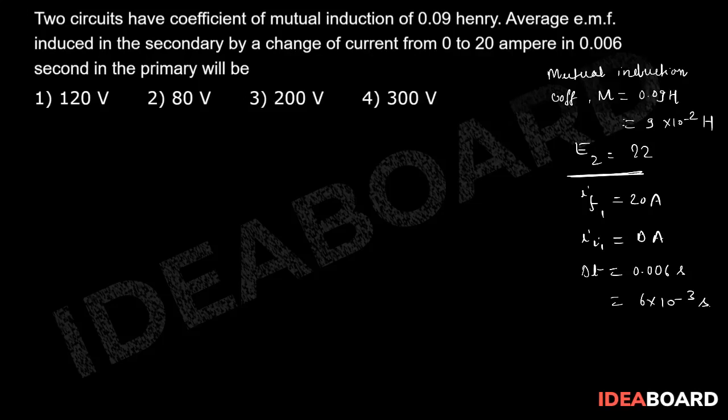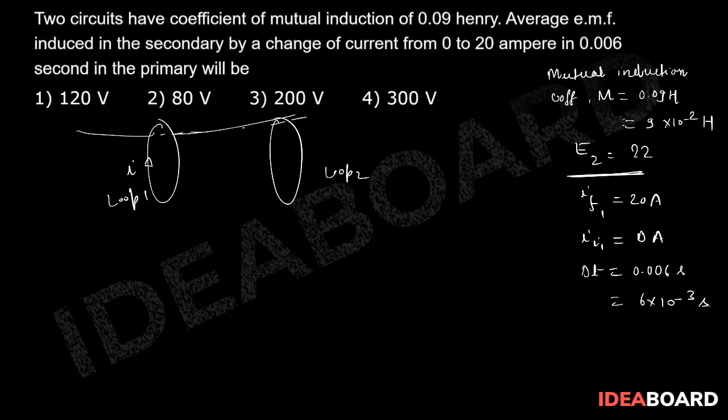So we can see the situation is like this. Suppose there are two loops, and we are changing the value of current in the primary loop. Let's say this is loop 1, this is loop 2. Because of changing of the current, of course there will be magnetic field lines like this. So flux will change, right?